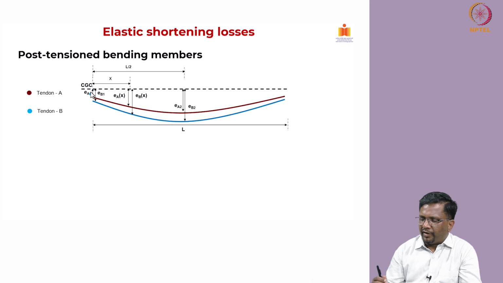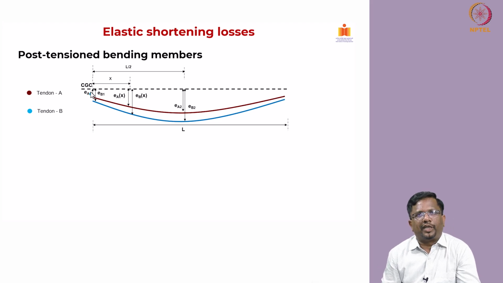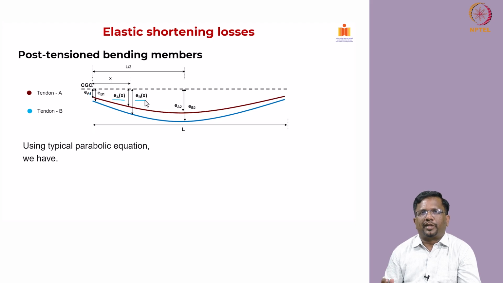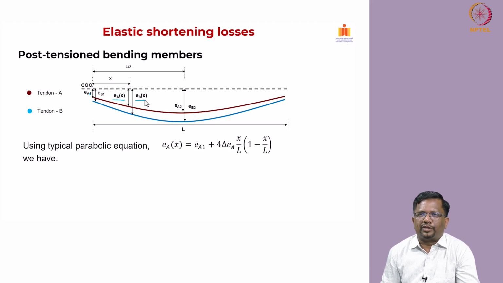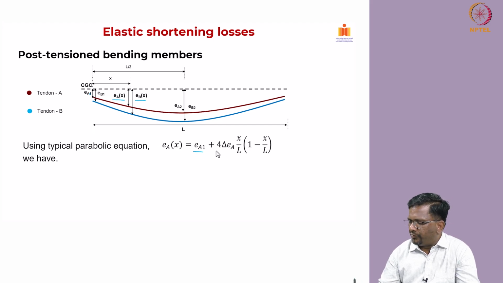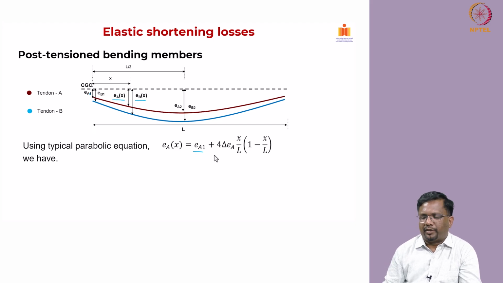So, in this way we can define the variation of the eccentricity of this cable as a function, EAx for cable A and EBx for cable B, right. So, this is again a simple parabolic equation. We know for a parabolic cable profile, depending upon the eccentricities of the cable, we can write EAx, for example for cable A, as EA1 plus 4 into delta EA times x by L into 1 minus x by L, where x is any distance along the length as you can see here.